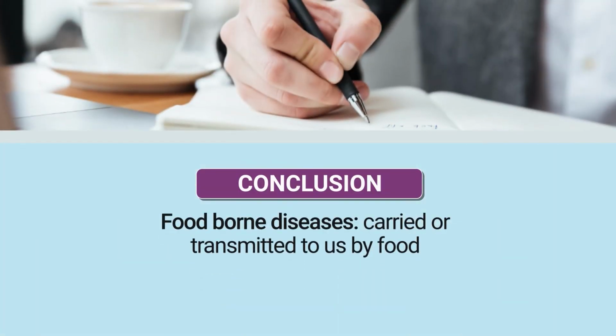So to conclude, foodborne diseases are the diseases which are transmitted to us by food. Food hazards are the causative factors having potential to cause adverse health effects, like chemical, biological, physical hazards and allergens.